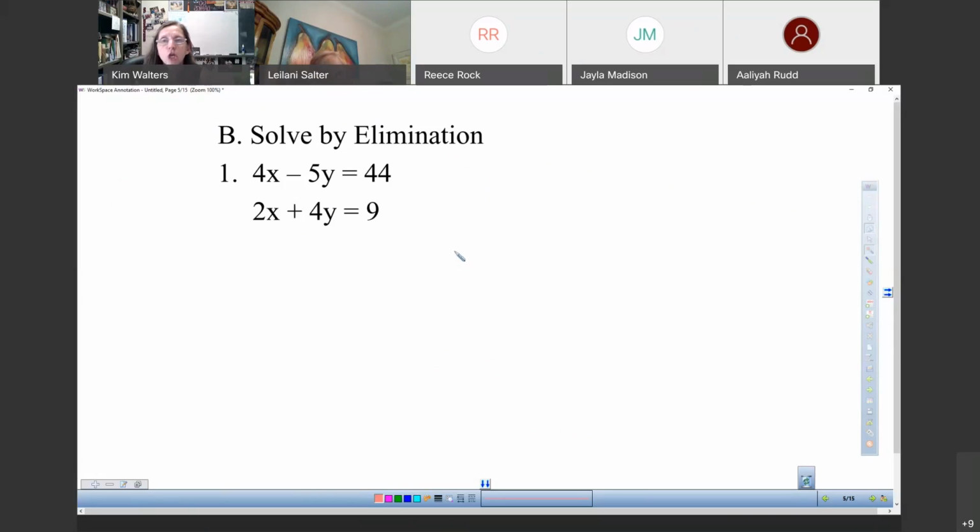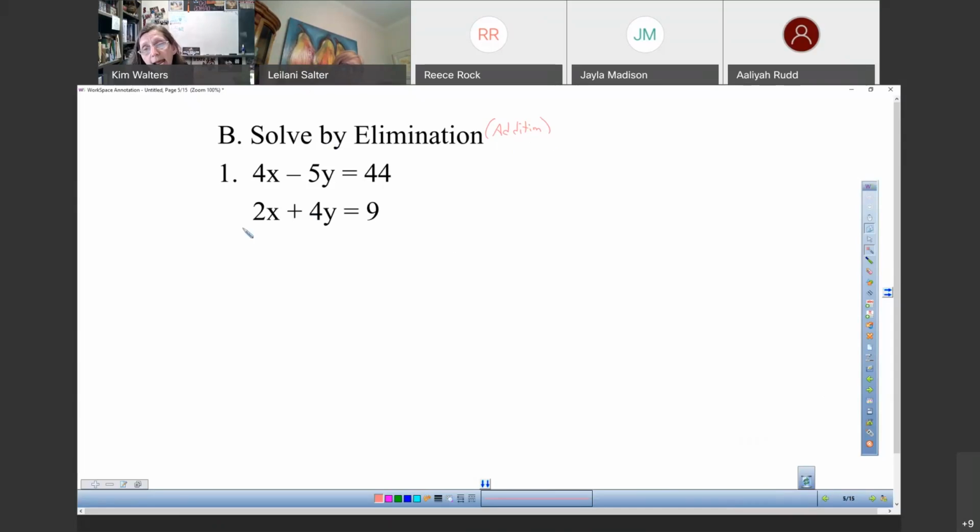Okay. So with elimination, sometimes we have to do some manipulation. If I just took these two equations and added them together, so elimination is also an addition method, just so that you know why we're doing what we're doing. Don't write this down, because I'm going to erase it through the magic of television.